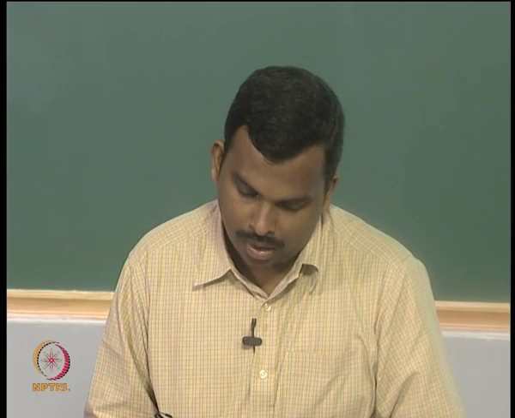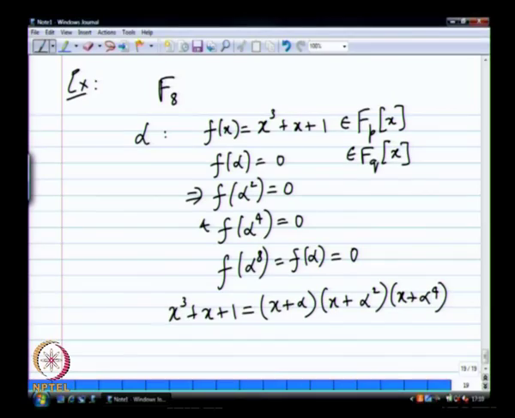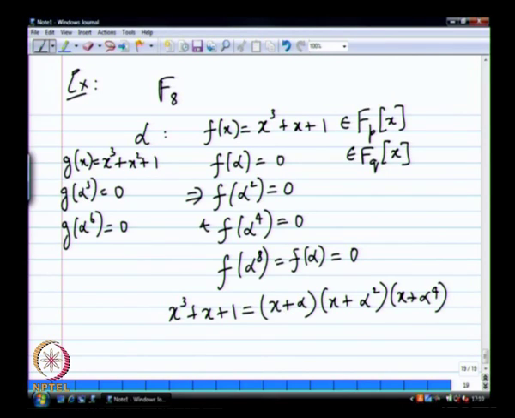The same thing is true for the other case also. For instance, there was another polynomial that I had. What was g of x? X power 3 plus x squared plus 1. Then I had g of alpha power 3 is 0, and then you square it, you get g of alpha power 6 is 0. You square alpha power 6, what do you get?